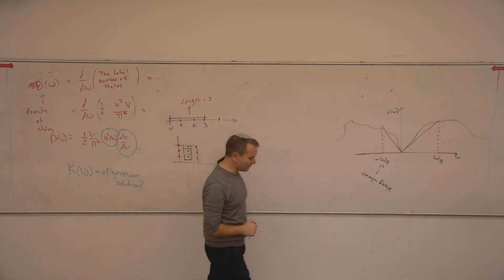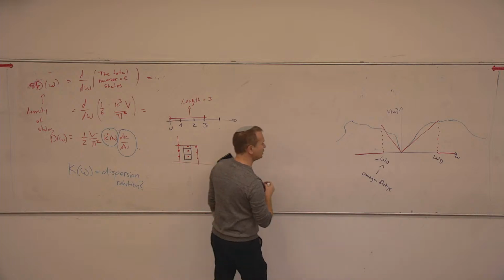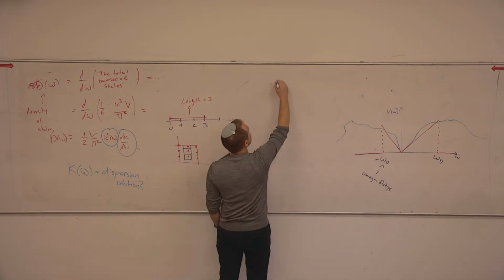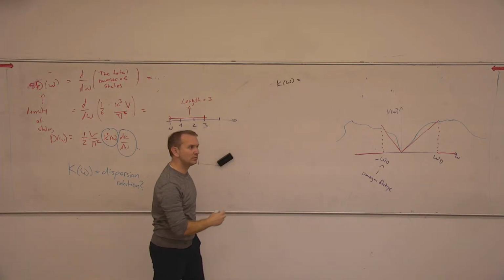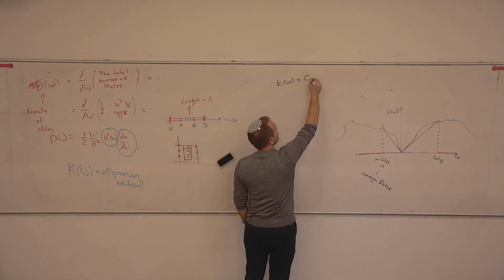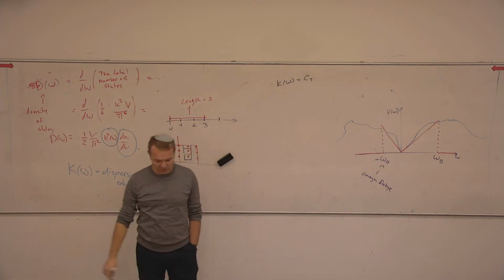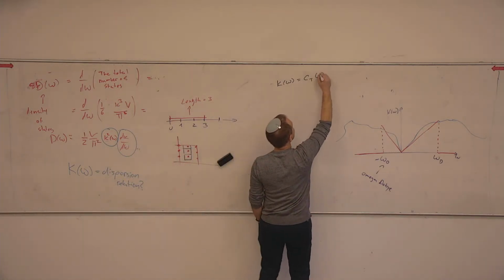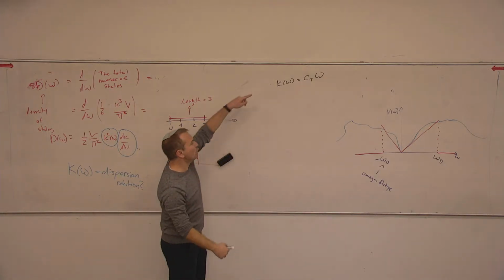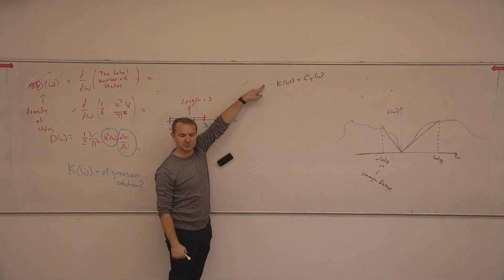So for a wave vector, I'm going to have the following thing. k of omega is going to be, for the longitudinal waves, some specific c_L multiplied by omega. And there is only one type of such waves. Why?